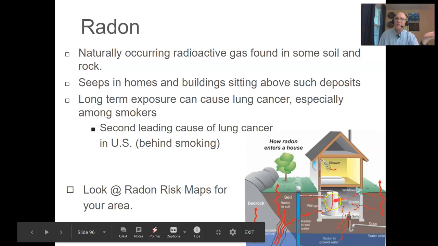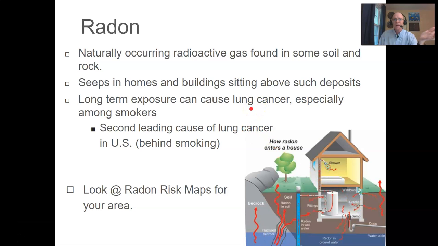It usually comes in through the basement because the basement is below ground, but it can definitely cause things like lung cancer. It is a radioactive gas. And if you have some sort of comorbidity, like a smoking habit, then it can be a big player in the formation of lung cancers. And it's interesting, this stat says it's the second leading cause of lung cancer behind smoking alone.